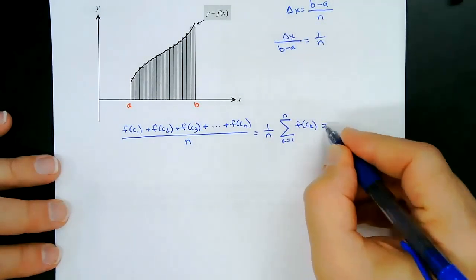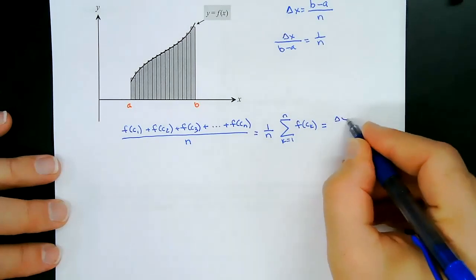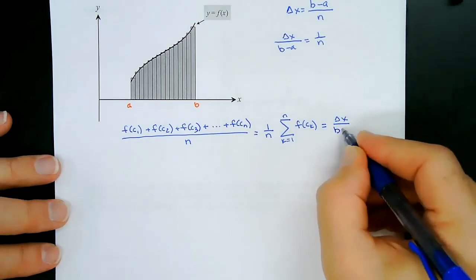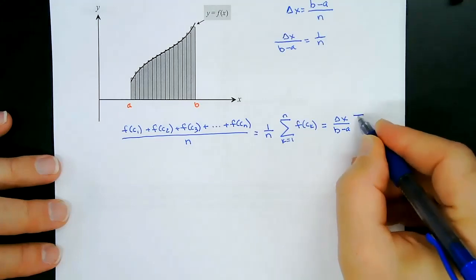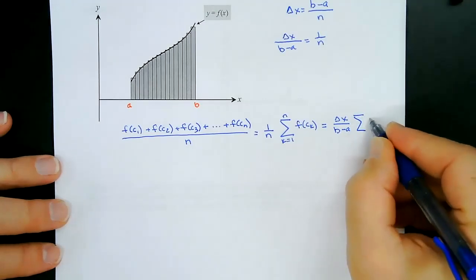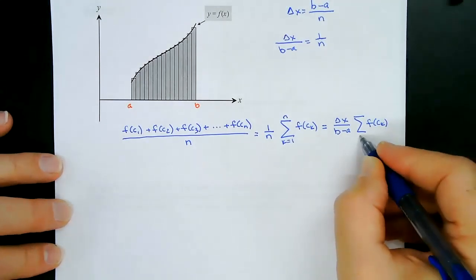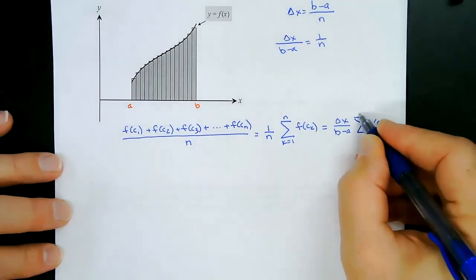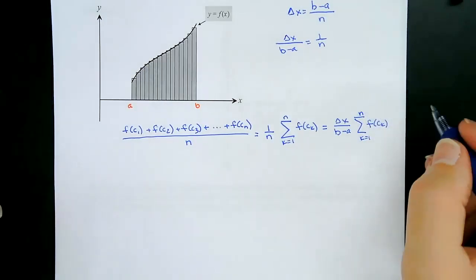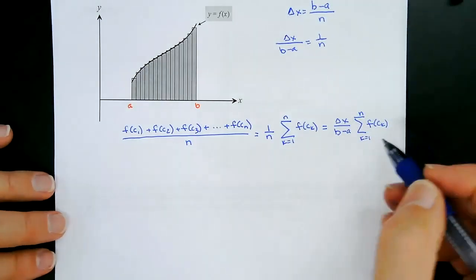So that's equal to delta x over b minus a times sigma of f of c sub k, and I should have put my lower and upper limits in. So this is k equals 1 to n. And then once again, the delta x can come in here.